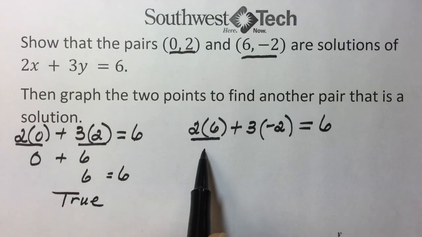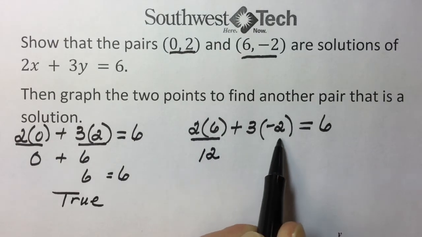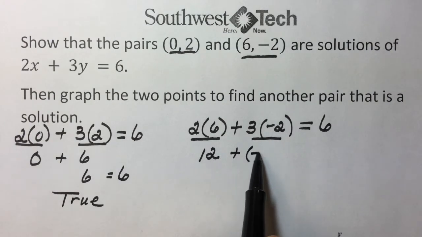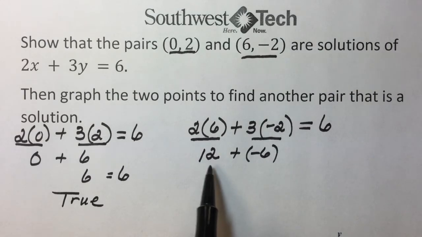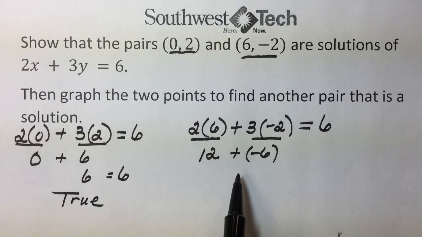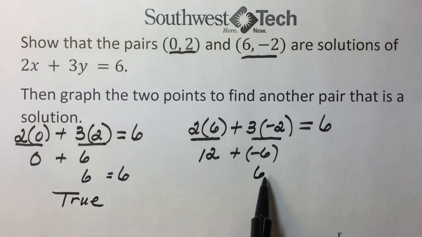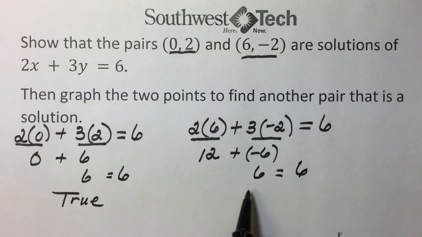Simplify multiplication first. We end up with a 12 and a -6. Simplifying the addition, 12 plus -6, or 12 minus 6, leaves a 6, and 6 equals 6, which is also true. So there's our proof that these 2 points are solutions.